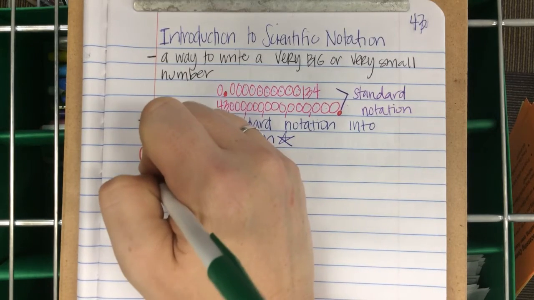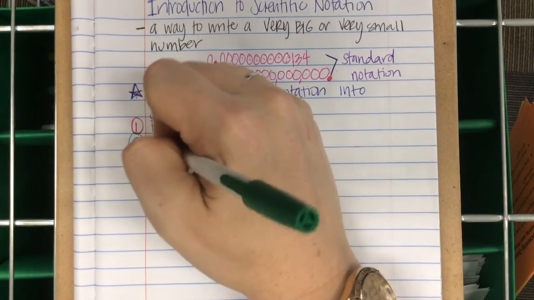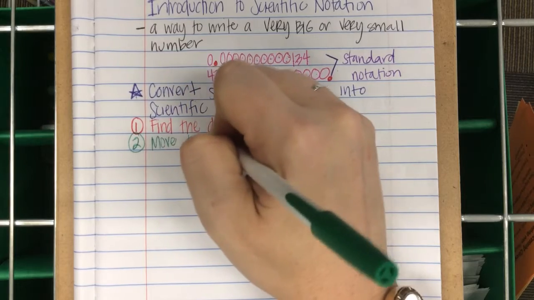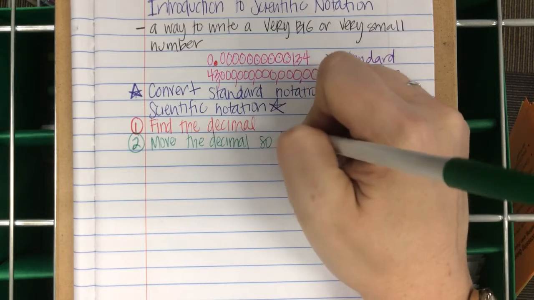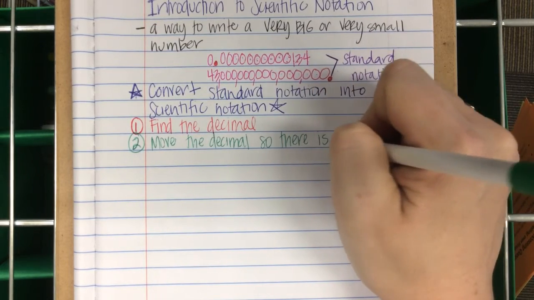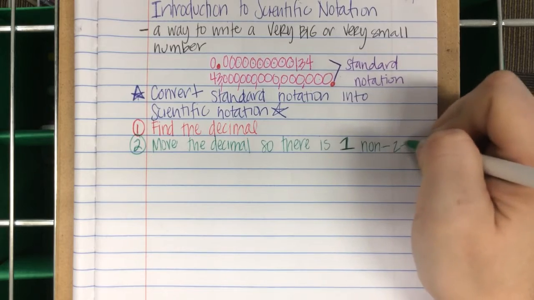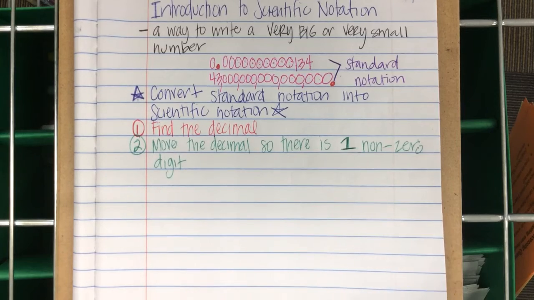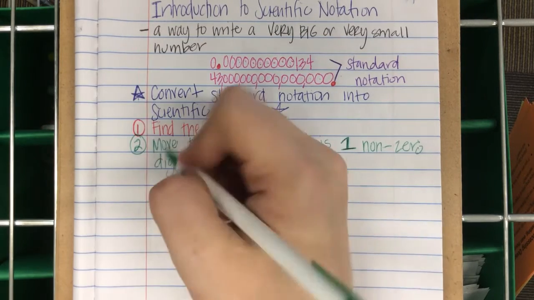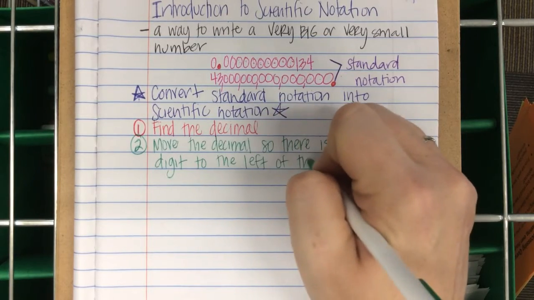Number 2, this is the part that sometimes messes us up. You're going to move the decimal so there is 1 non-zero digit to the left of the decimal.